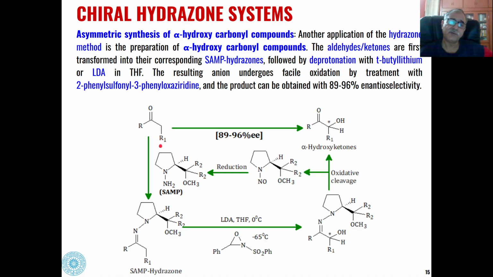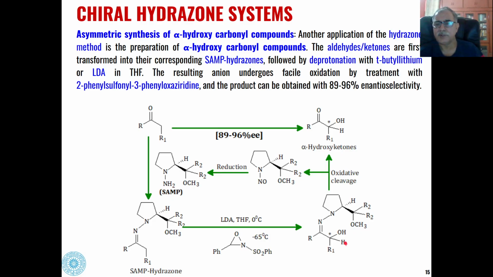So here also first we will get the SAMP hydrazones from the reaction of ketone with SAMP, and then this SAMP hydrazone will react with lithium diisopropylamide, and an enamine will be formed, and this enamine hydrazone will then react with 2-phenylsulfonyl-3-phenyl oxaziridine, and opening of the ring will lead to the formation of this type of alpha hydroxy SAMP hydrazone.